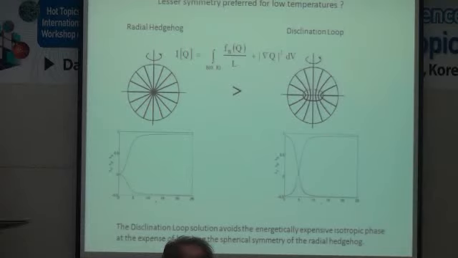Now what happens is that as we move to lower temperatures, the isotropic phase becomes more and more expensive. In particular, it's a local maximum of the thermotropic potential. So very informally speaking, the disclination loop solution avoids this energetically expensive isotropic phase at the expense of breaking the radial symmetry near the center. So it has lesser symmetry, but it avoids the energetically expensive isotropic phase. So there's some sort of a delicate balance between symmetry and energetic considerations. And now we need to mathematically quantify these concepts.